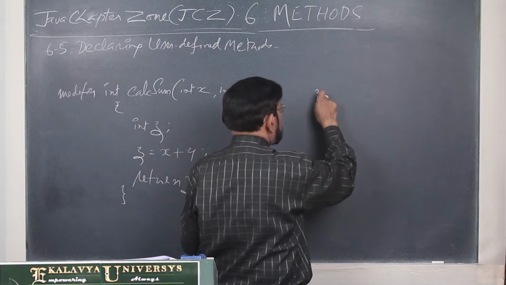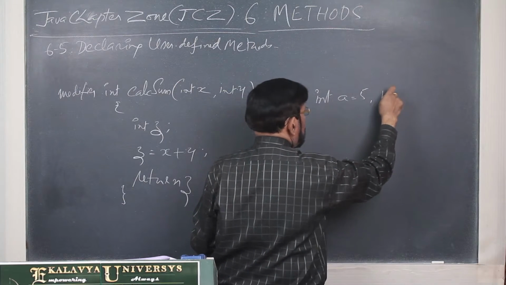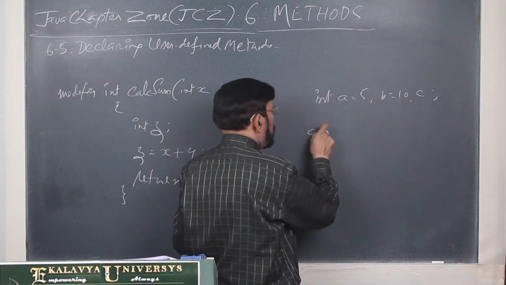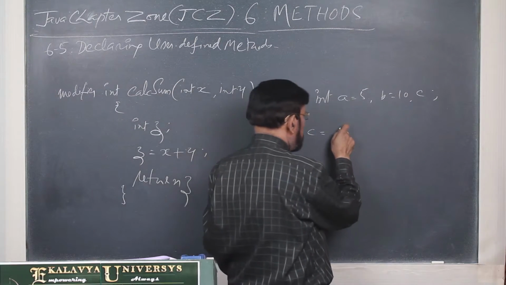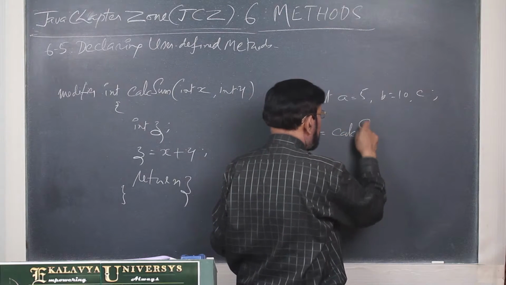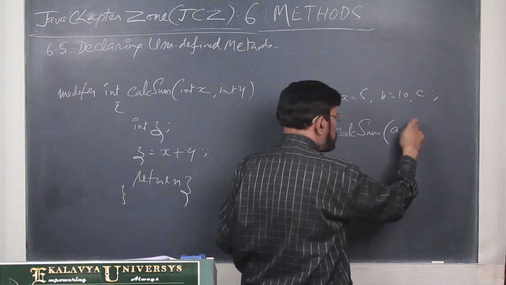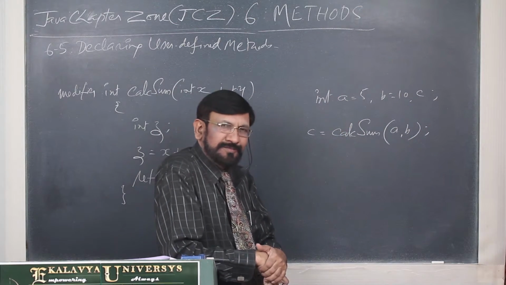Now, these are the actual arguments, int a is 5, b is 10, and c. Now we are making the method call, calling the method calculate sum. Through this method call, we are passing the actual arguments.